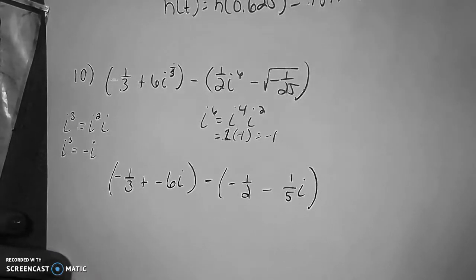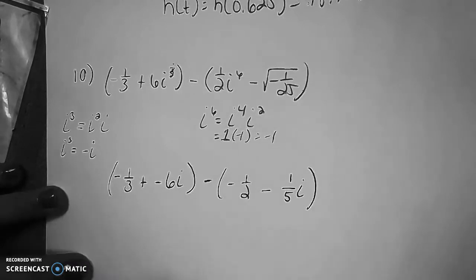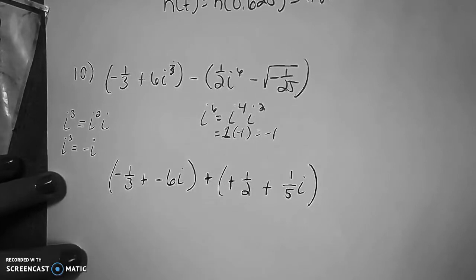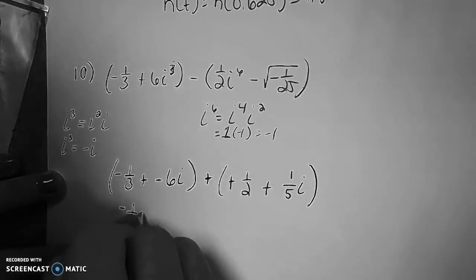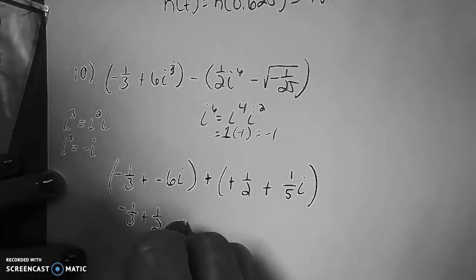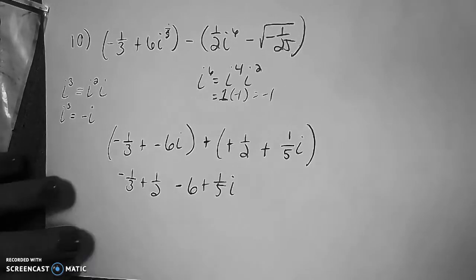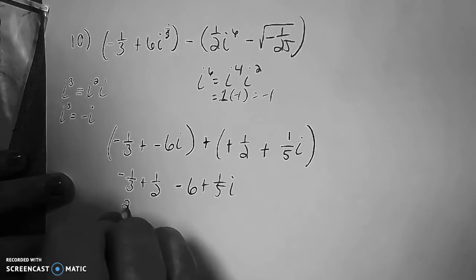So see, once you simplify, this is actually just a subtraction problem. I'm going to distribute my negative. And I have negative 1/3 plus 1/2. Those are my like terms. And then I have negative 6 plus 1/5 i. So I could get a common denominator.